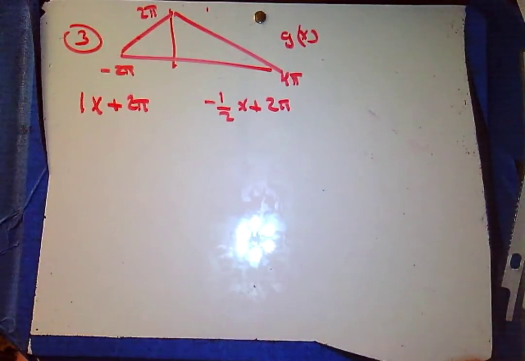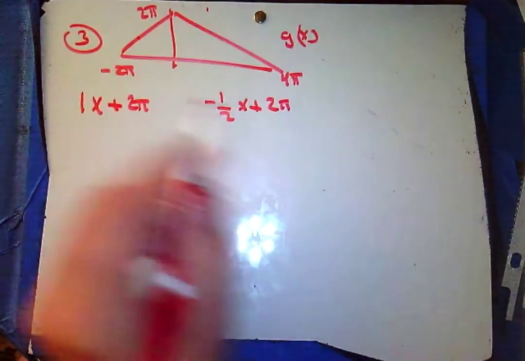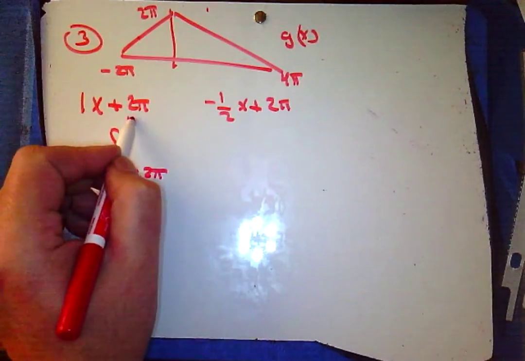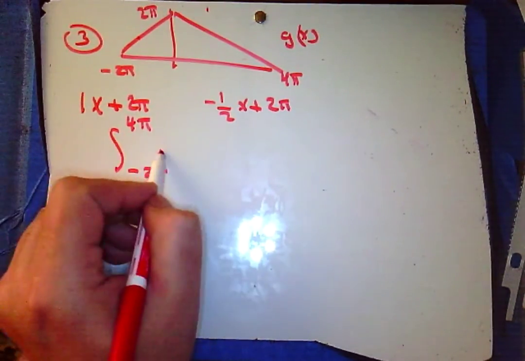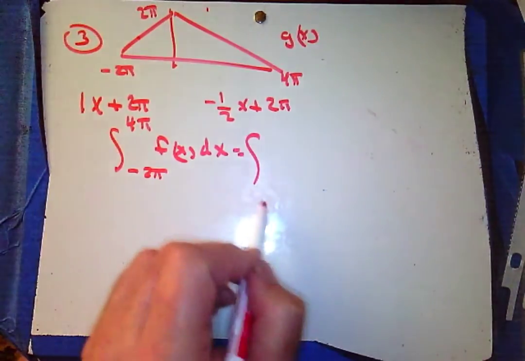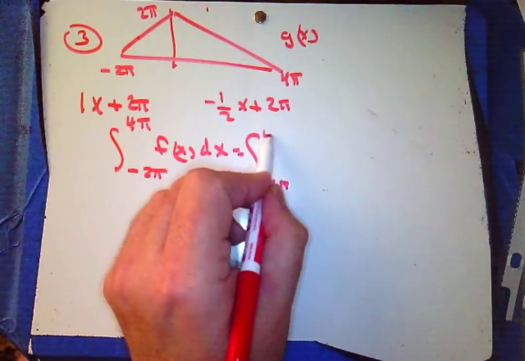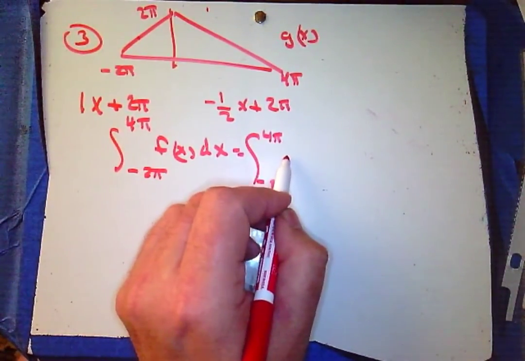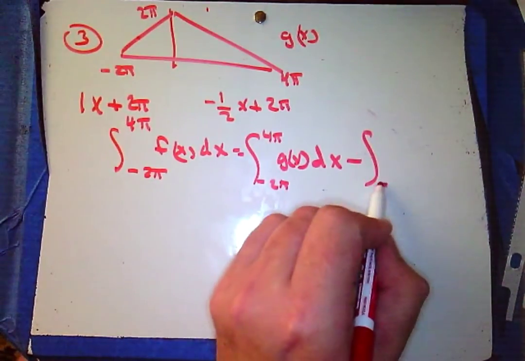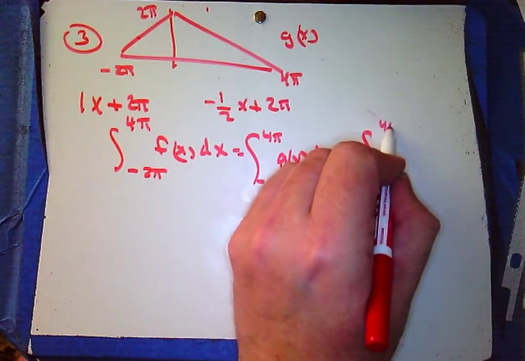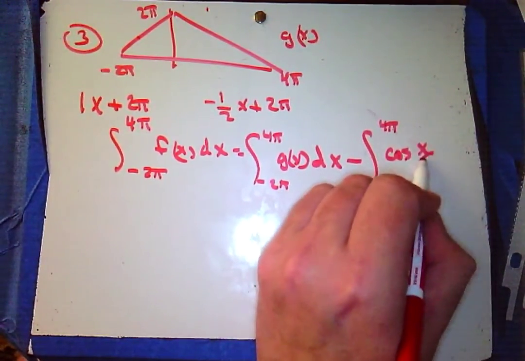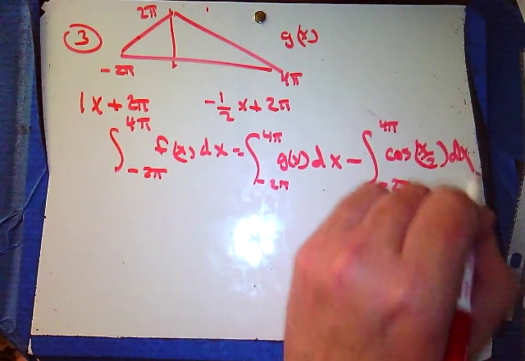Now, what am I supposed to do? Part A, find the integral from negative 2 pi to 4 pi of f of x dx. Well, that's going to be the integral from negative 2 pi to 4 pi of g of x minus the integral from negative 2 pi to 4 pi of cosine of x over 2 dx.